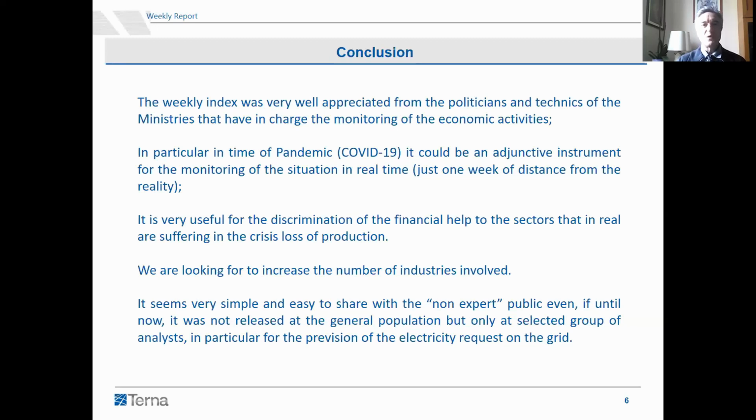That is what we try to put at the disposition of the government and the analysts during the pandemic, to give very fresh information on how the economy is going in Italy. We think that something of this can be easily elaborated in other countries too, and this is why we're happy to share this information with you.